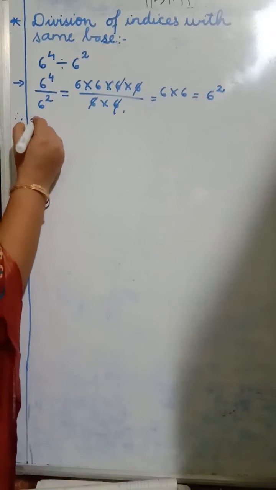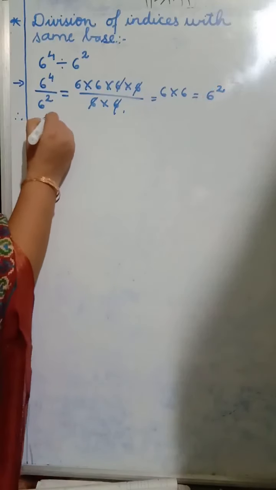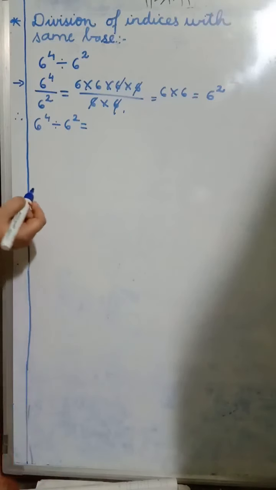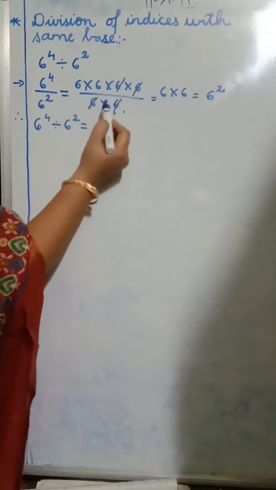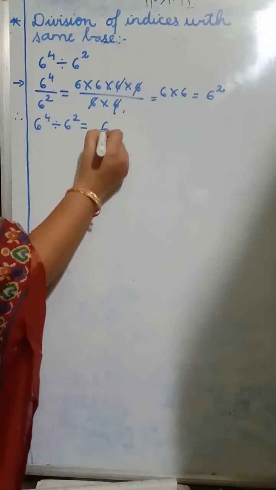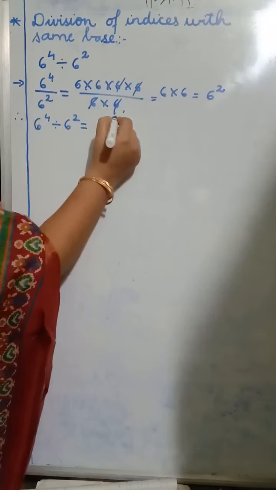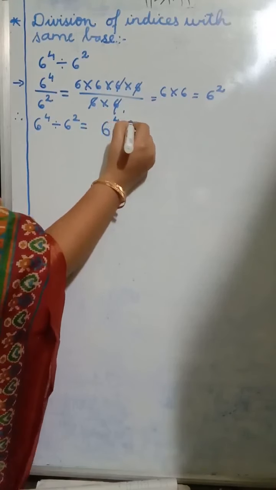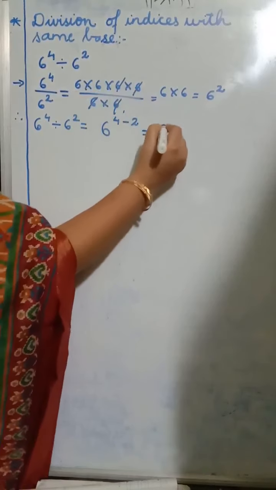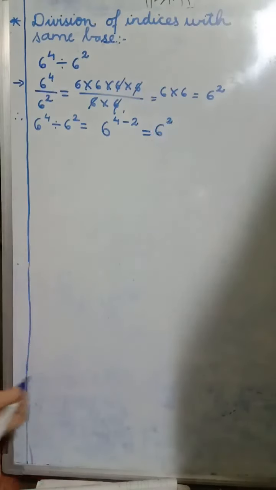Therefore, what answer did we get here? 6 raised to 4 divided by 6 raised to 2 is equal to, see children, are we cutting 2 from this 4? Means we are taking 6 common, and what are we doing? From 4 did we subtract 2? Yes. So the answer was 6 raised to 2.